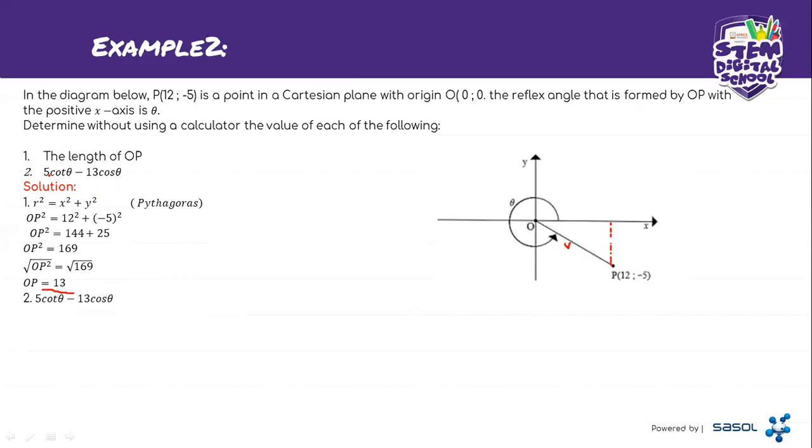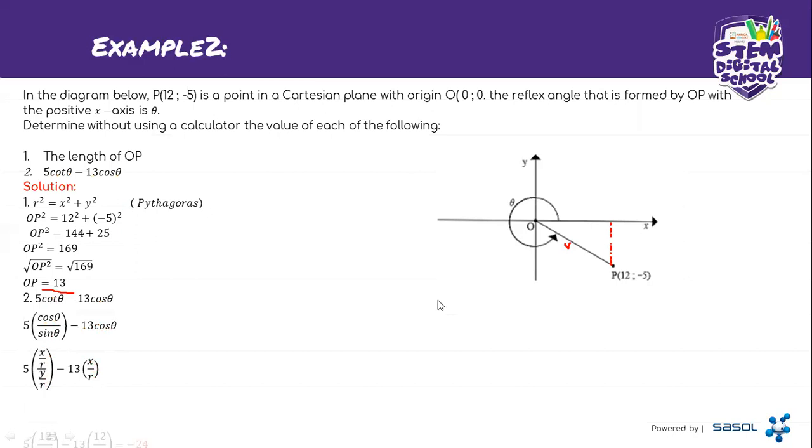Now we have to determine 5 cot theta equals 13 cos theta. We know that cot theta is cos theta over sine theta. The third step, we know cos theta is x over r, and sine theta equals y over r. And the last one, cos theta, is x over r.